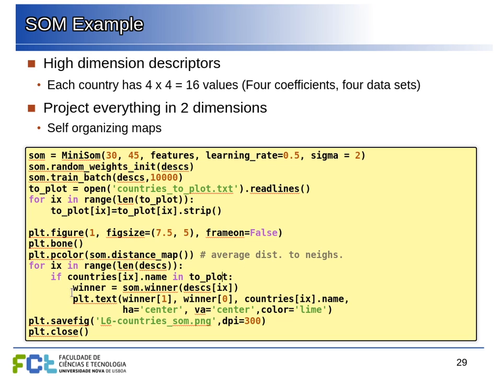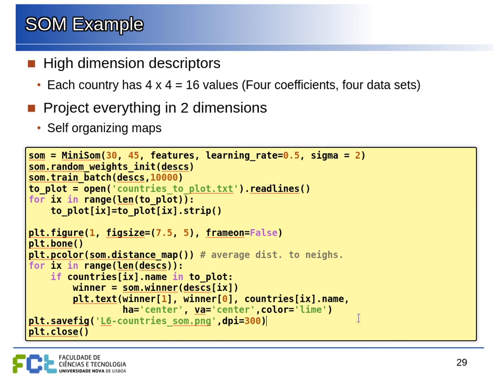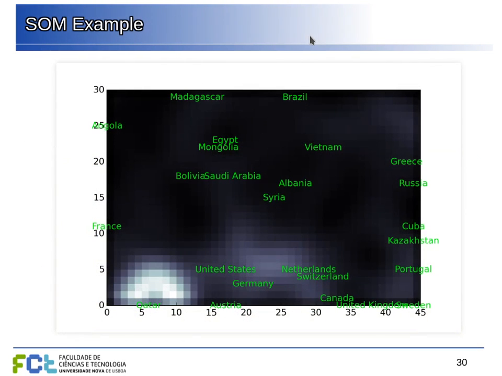And we're going to do the same thing as before. We're going to label some countries by picking the neuron of the self-organizing map that is closer to that country, and then drawing the text in that location of our image. And this is the result that we get here.